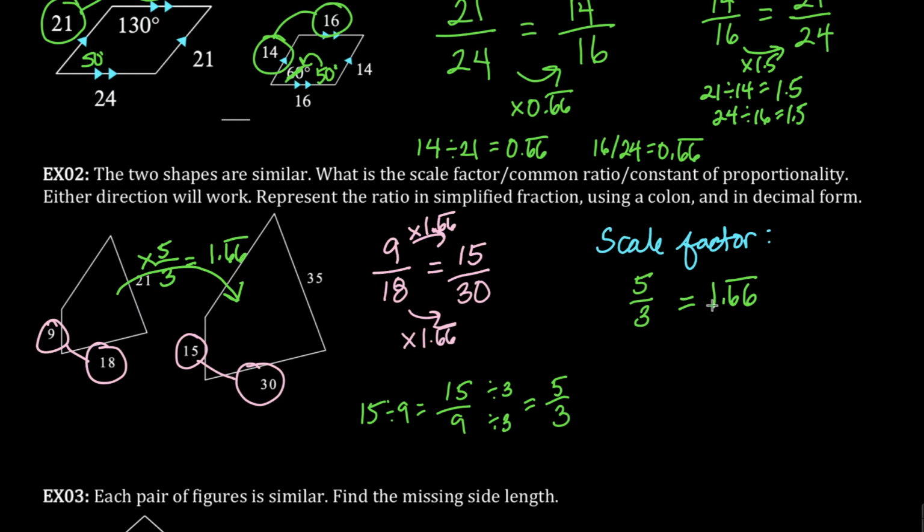Now, the only newish one that you're going to see is this ratio using a colon. So you might not remember ratios in the way that we're going to show them because it was in elementary school. But basically, you see how this goes times 1.66 or times 5 over 3. Well, that means it's from 3 to 5. I'm going to write that in different colors to make it easy for you to refer back to.